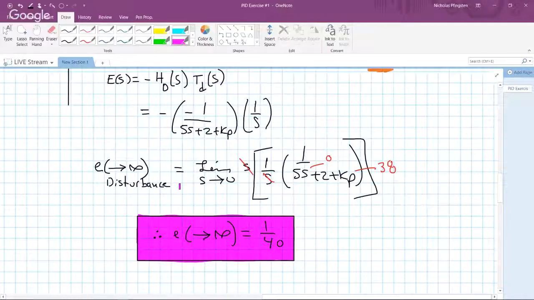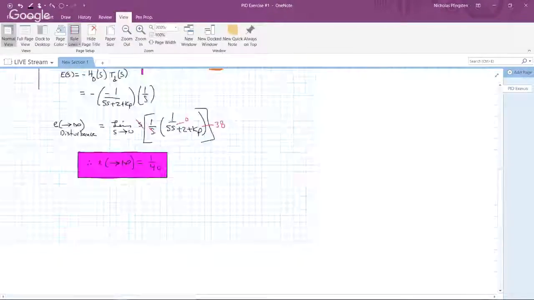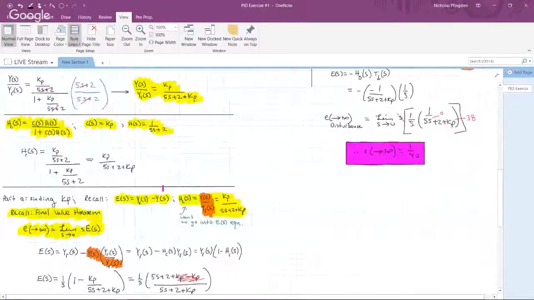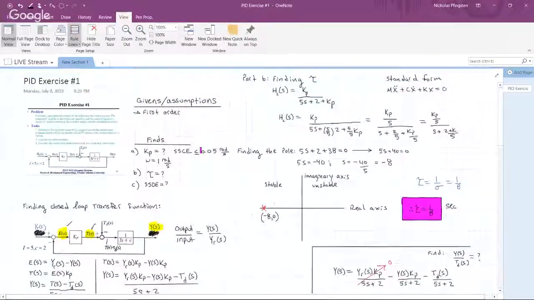That is the end of the problem. All parts have been answered. Let's go back and view this at 100%. So there's quite a bit of work involved. We found KP when the steady-state control error was less than or equal to 0.05 radians per second.